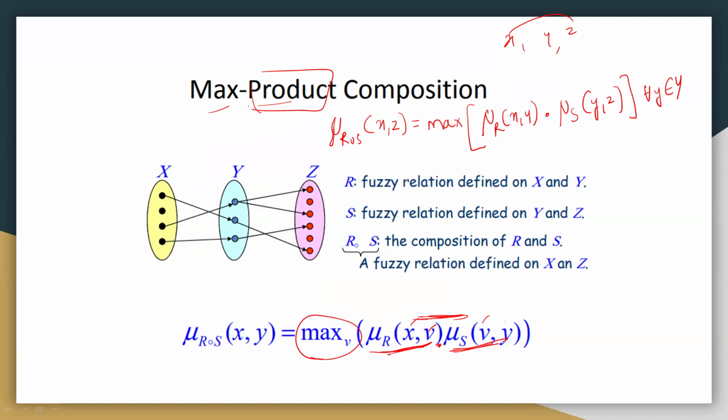This is the basic idea. Or you can also write it in another notation: R composition S of X comma Z is nothing but the union, for all Y that belongs to capital Y, of mu R of X comma Y product of mu S of Y comma Z. So this way also you can write.